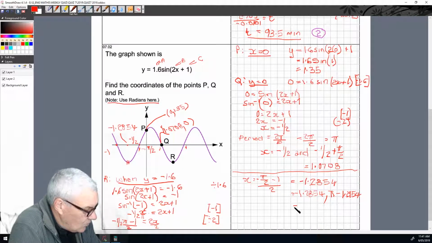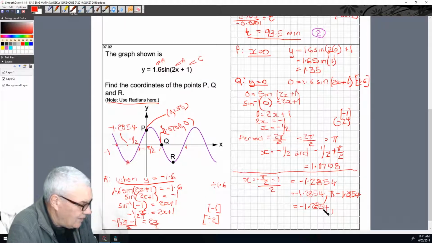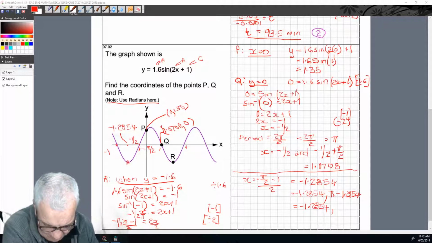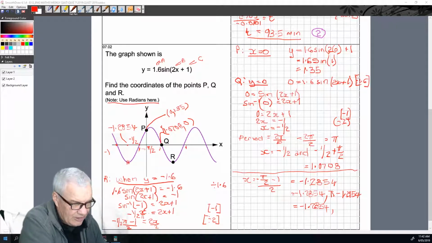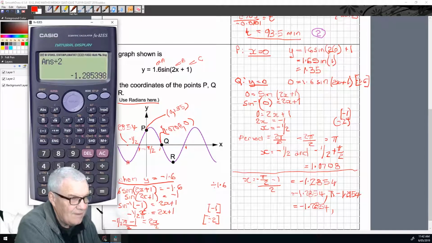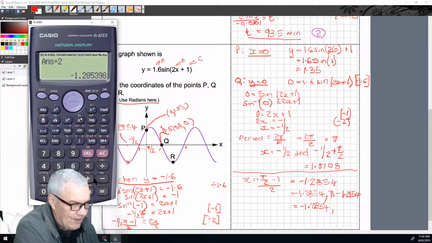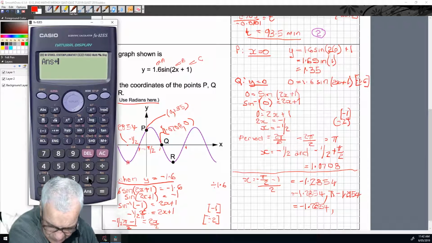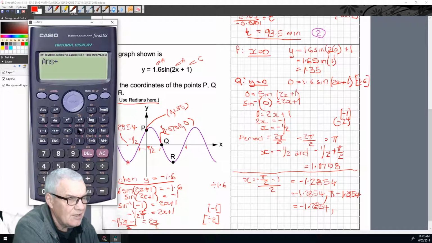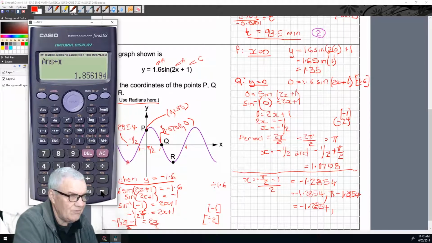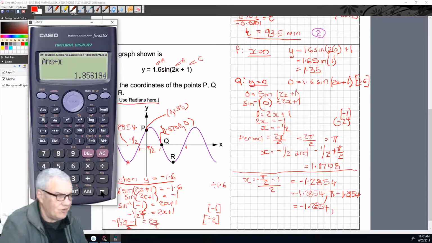So that's equal to negative 1.2854, and then a recurring one, so get our calculator out here, and let's just add pi, plus pi, and that gives us 1.8562.